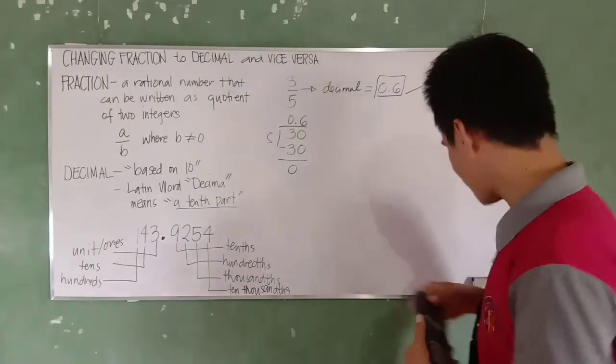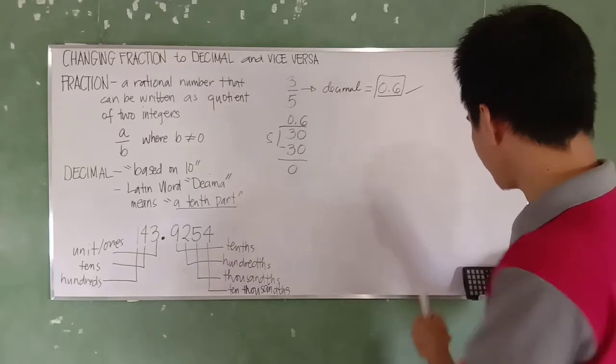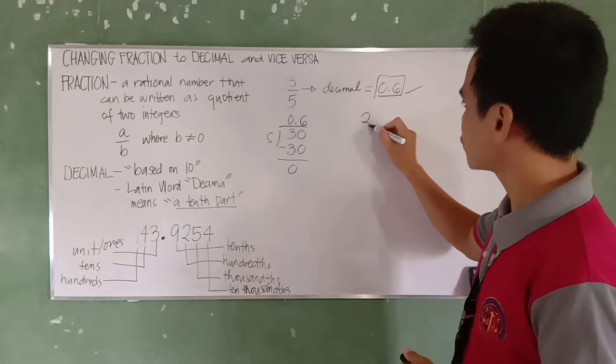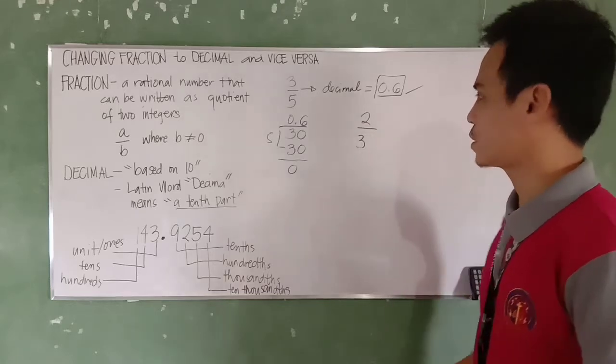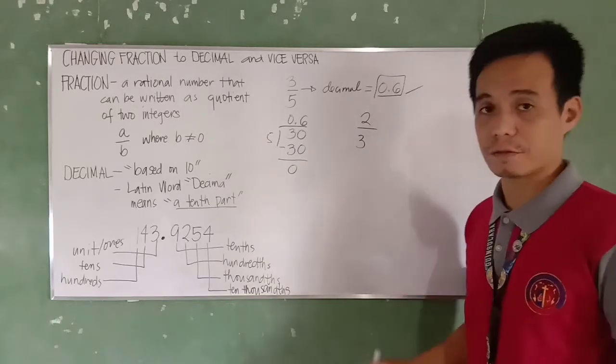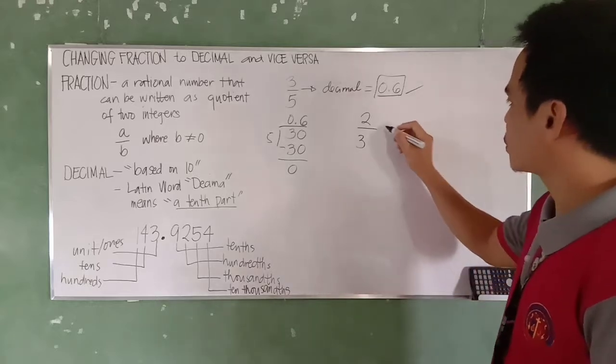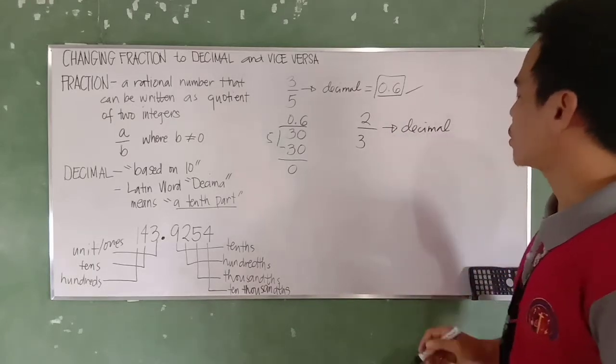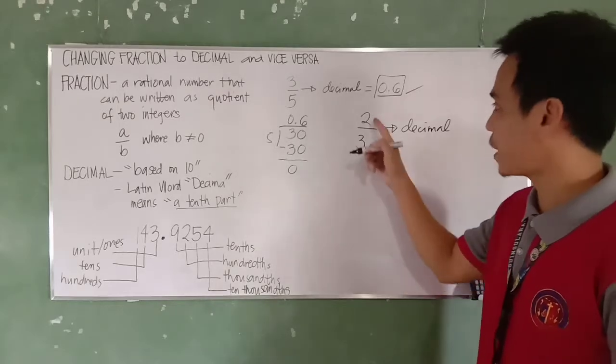Okay, let's try another number. Let us say 2 divided by 3. So our fraction is 2 over 3, or 2/3, to decimal. So we have to divide 2 by 3.